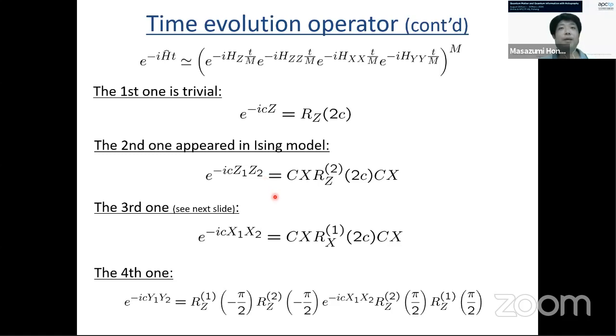And another solution for this one is to rotate this interaction along some axis, and then we can get another solution to realize this one.